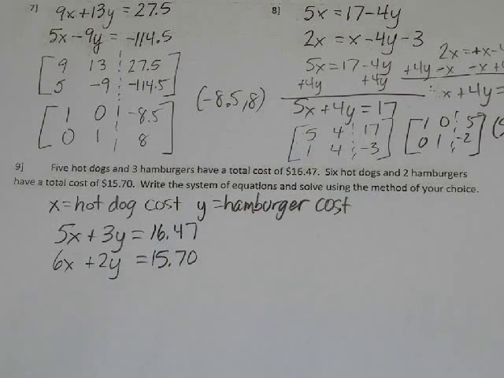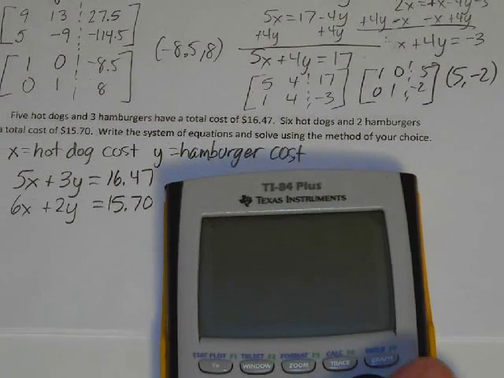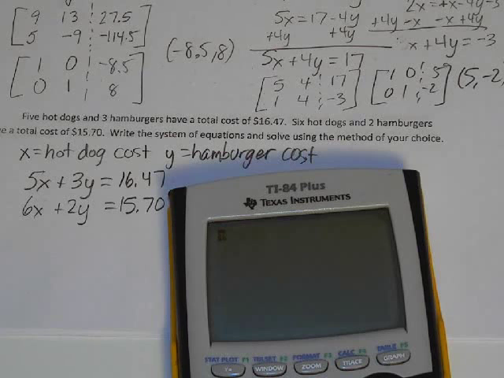Now, you could use elimination. You could use substitution. I wouldn't recommend substitution. I'm just going to go ahead and show it the matrix. So I go to the matrix, I edit 5, 3, $16.47. On the bottom 6, 2, and $15.70.